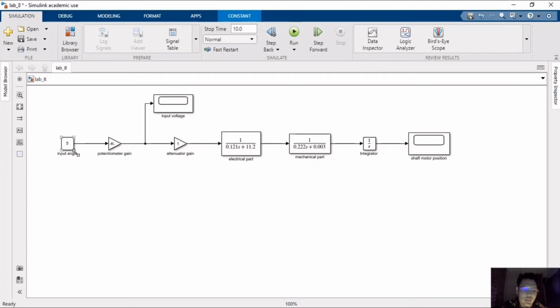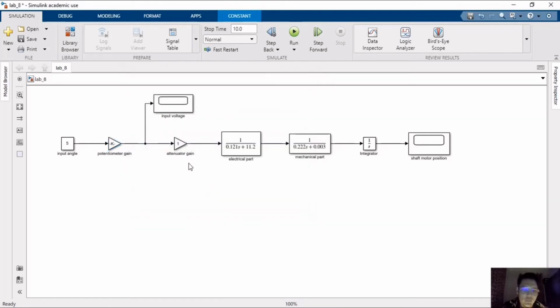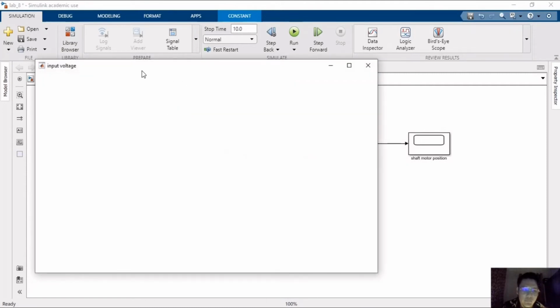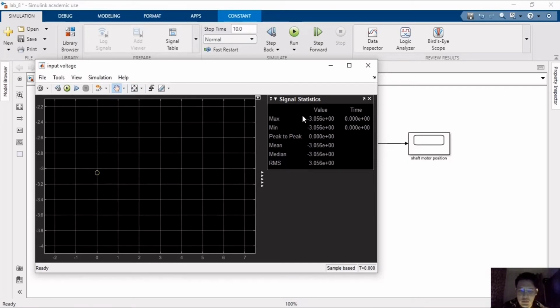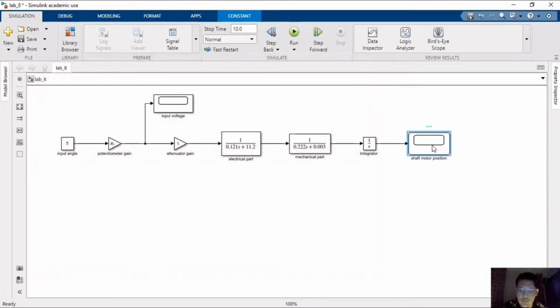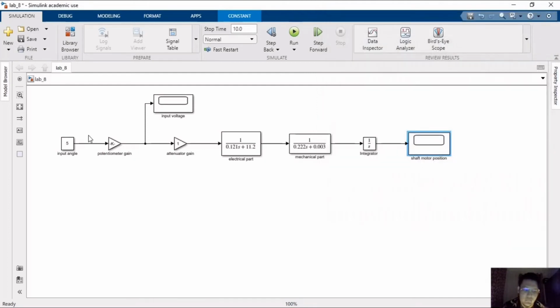The input angle is still 5, the potentiometer is negative 0.61111, and the attenuator gain is still 1. After running the simulation, the input voltage that we get is negative 3.056, and for the shaft motor the minimum value is negative 5.864.